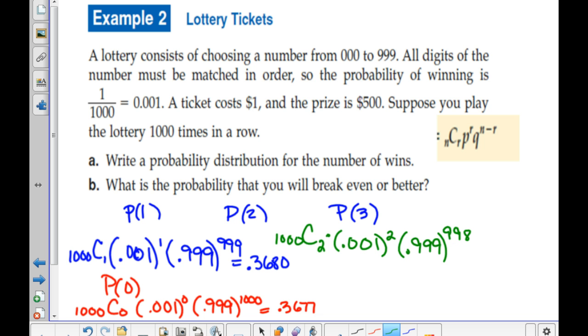Somebody type that one. And then the probability of winning 3 times. Right, anybody got the green one yet?